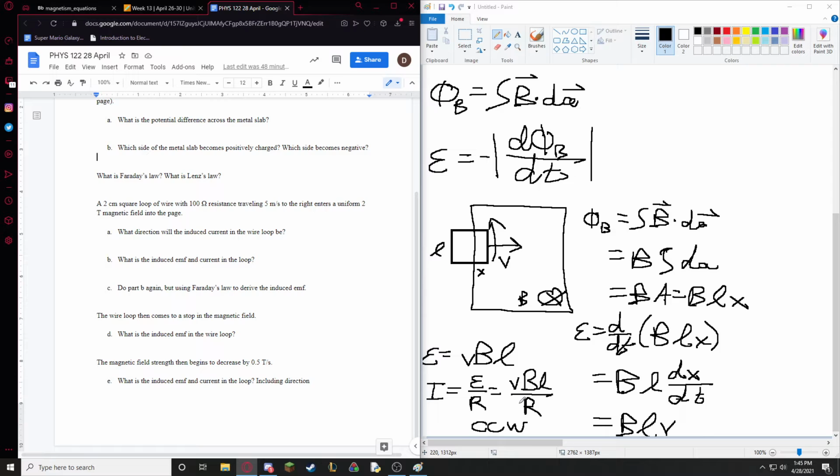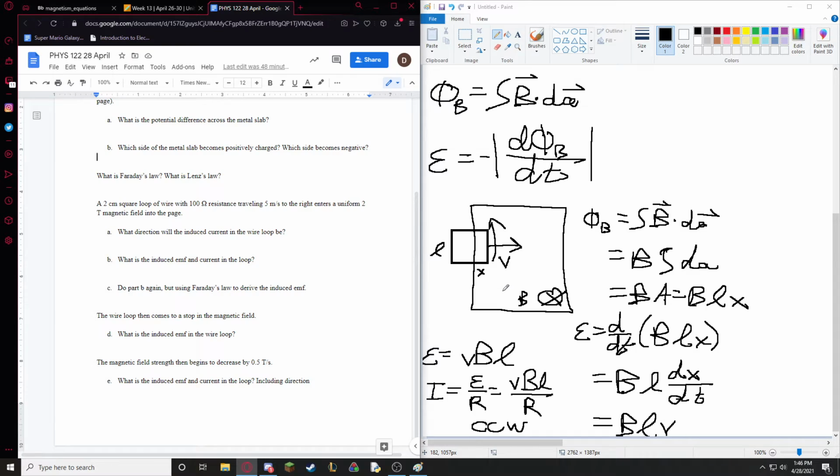Wait, so question. The change in flux, is it always going to be opposite to the B field? In this case, the change in flux is in the same direction as the B field. Okay, I'm confused on that. Essentially, we have our magnetic field into the page, right? Yeah. And so our flux is in the same direction as the magnetic field, so it's into the page. And our flux is increasing over time because X is increasing as we're moving to the right, correct? Yeah.